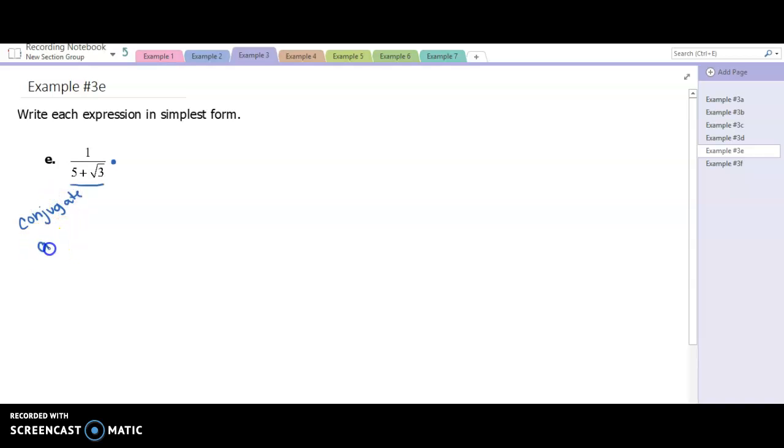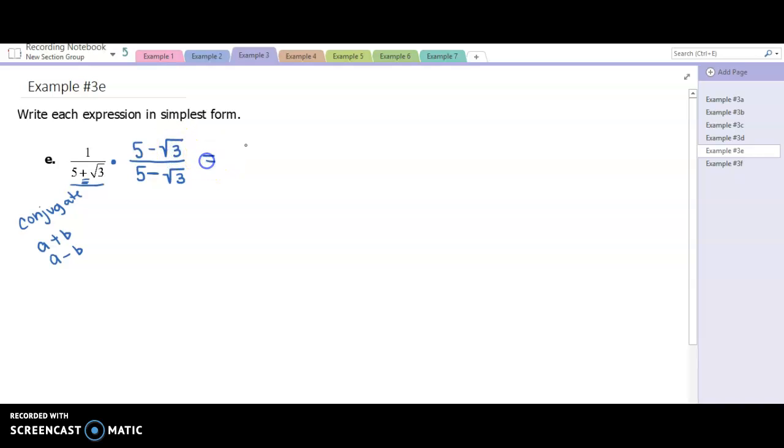Conjugates are just like a plus b. The conjugate of a plus b would be a minus b. All we're going to do is change the sign between the two terms. So this is 5 plus square root of 3, and the conjugate would be 5 minus square root of 3. If we multiply the bottom by that, we have to also multiply the top by that.